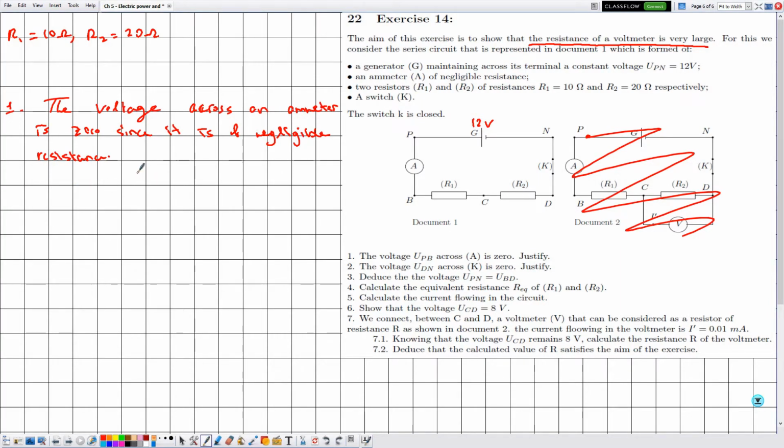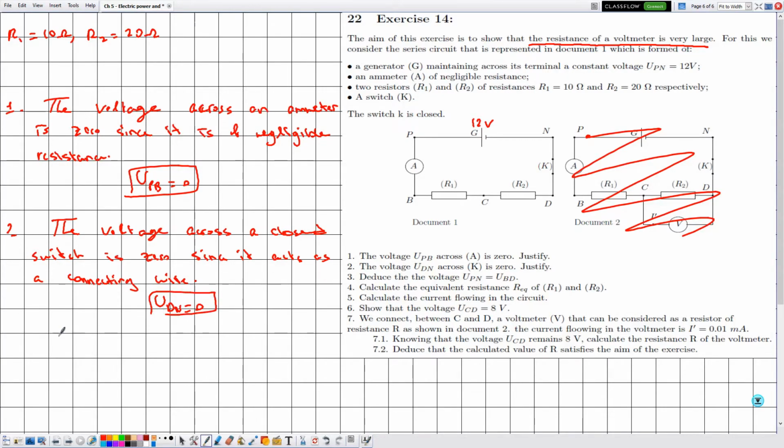Here let me say that UPB is equal to 0, since it acts as a connecting wire. So we have that UDN is equal to 0.